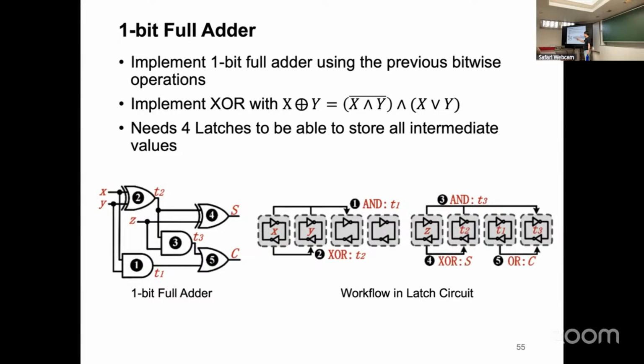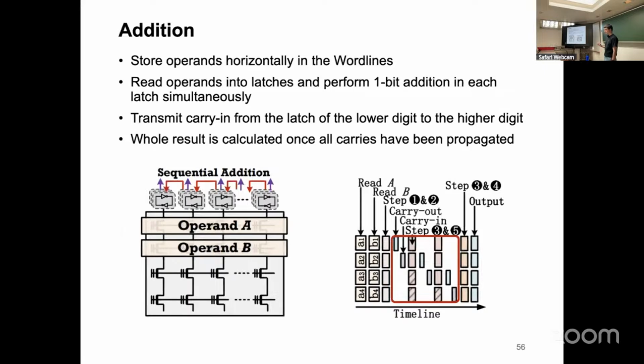We afterwards XOR them together, and afterwards we have to load the carry-in from the previous digit into the first latch again, and then we can finish the calculation by sequentially doing these operations here, and then we will get the result in latch 2 and the carry-out in the fourth latch.